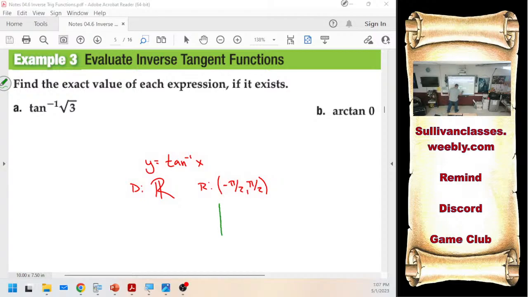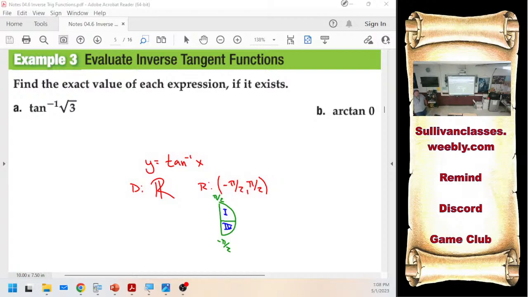Also, if you need that, -pi/2 to pi/2 looks like this in quadrants 1 and 4. So, tangent, square root of 3. I know it's a legal target because there's no restrictions there.